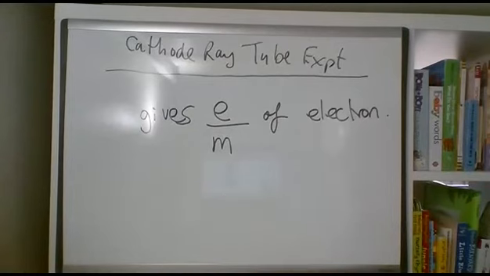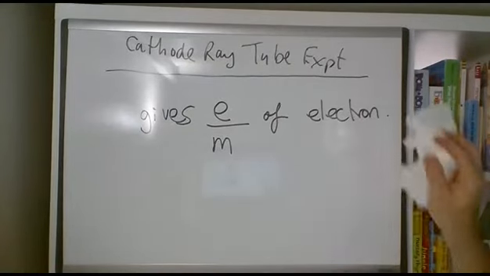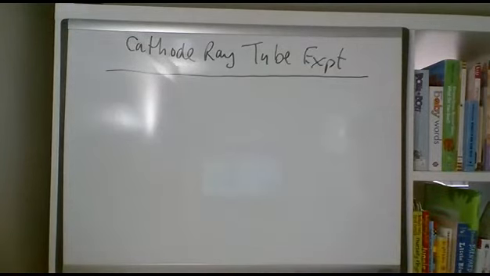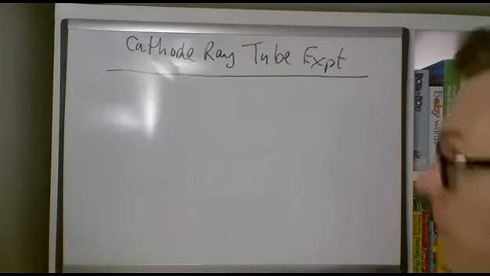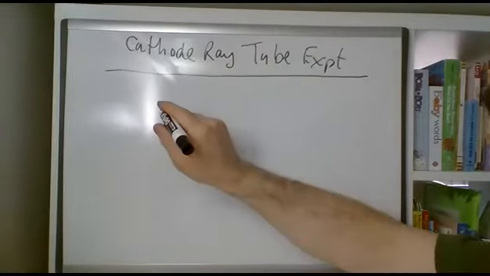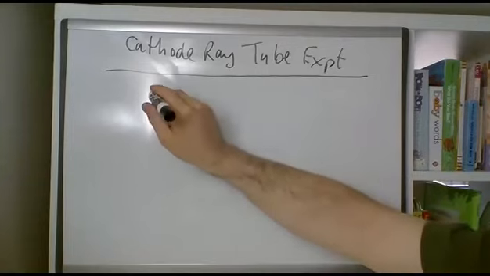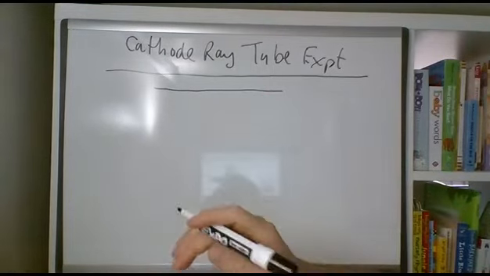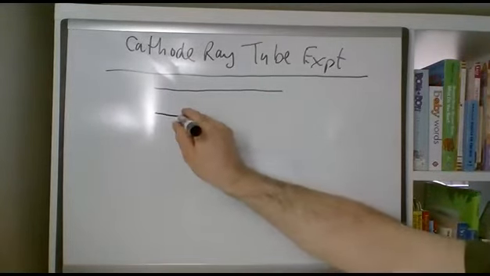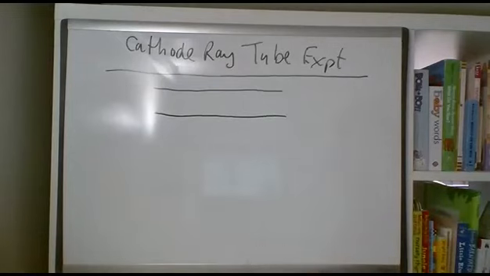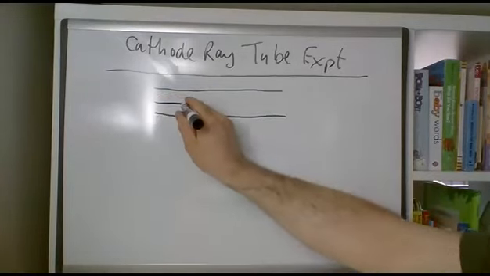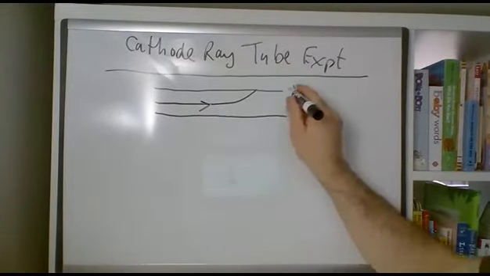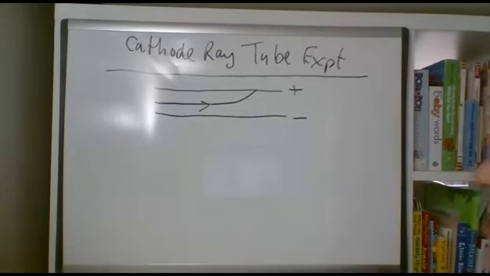So let's see how we get the charge and the mass here. We're going to have a cathode ray hitting a positively charged plate and being deflected by a negatively charged plate.